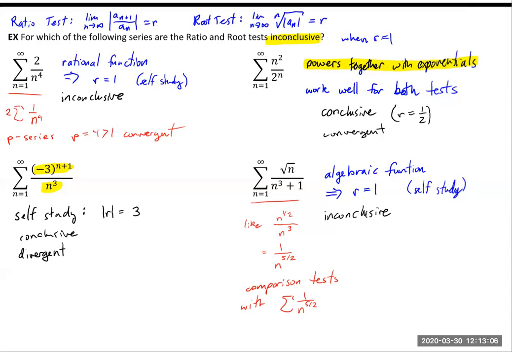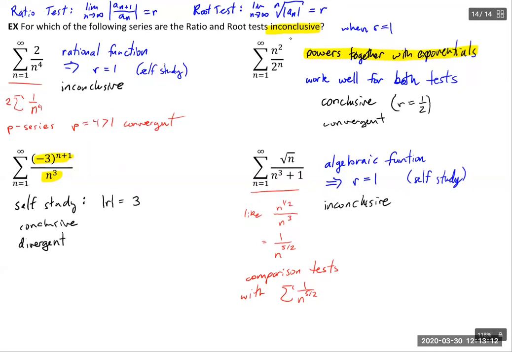It's just a matter of knowing your tools. You can't just attack every problem with a hammer. It doesn't work for getting some jobs done. Same thing here. The comparison test, root test, ratio test, they all work well for their specific uses, but it's a matter of learning that. What are their uses? Where do they work well?